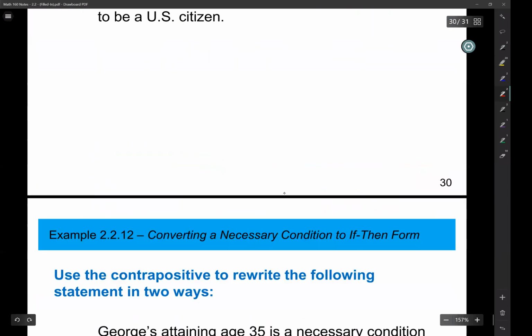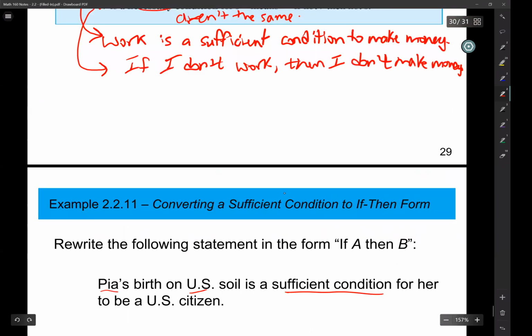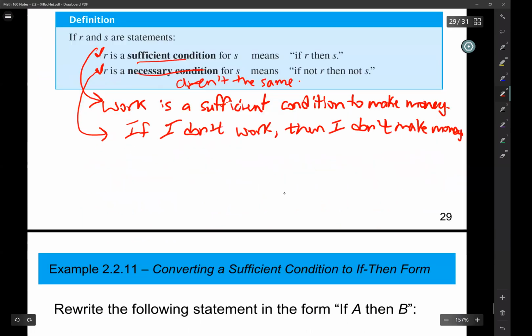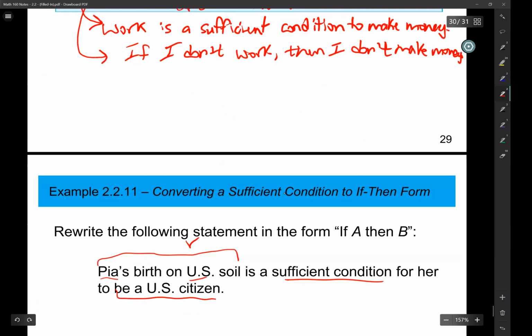Okay, so for instance, this says Pia's birth on U.S. soil is a sufficient condition for her to be a U.S. citizen. Well, again, going up here, sufficient condition means if R, then S. So this would be R, and then this would be S, U.S. citizen.